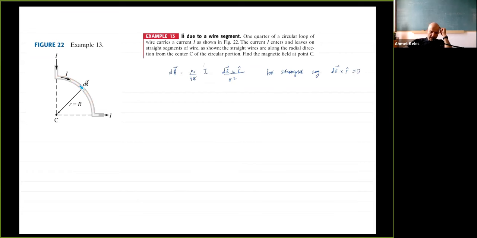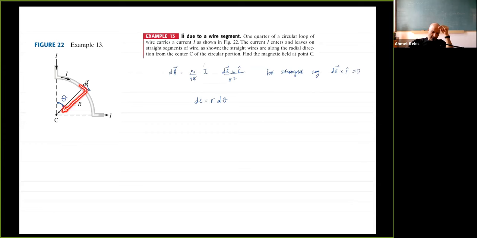So for that portion, I need to use a little bit of right-hand rule. So this is my dl. Let's choose this point, and let this be my angle, theta. So the direction of dl is like this, and the magnitude is r d theta. Simple circle. And now I need to do this right-hand rule. First my fingers are going along here, and then my fingers will go along here.